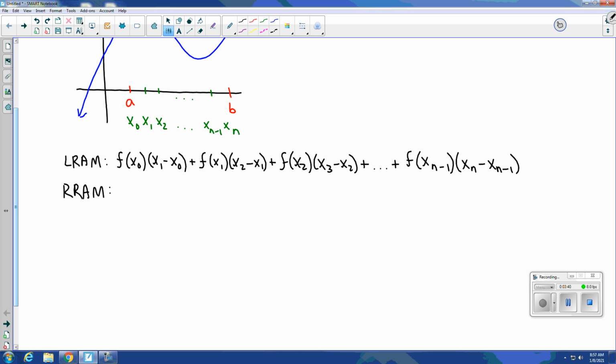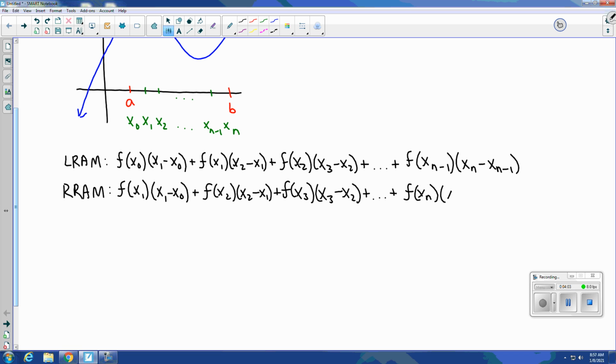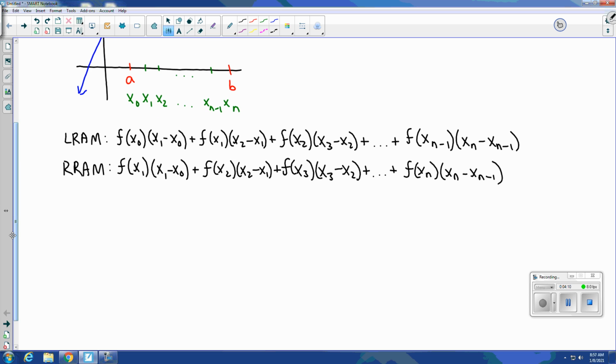The RRAM, we're now using the right endpoint to get the function output and therefore the height. So we have these long strings of the sum of multiple rectangles.